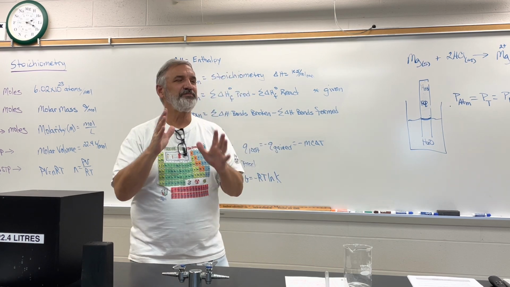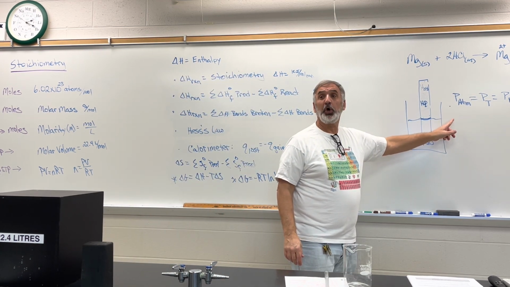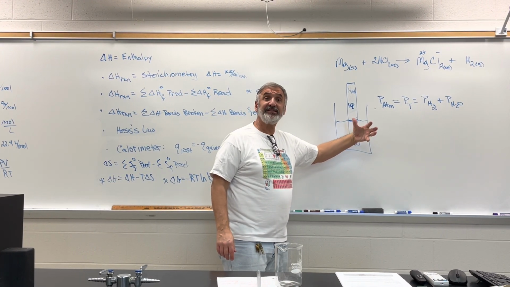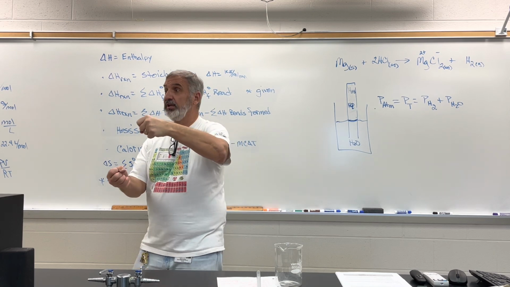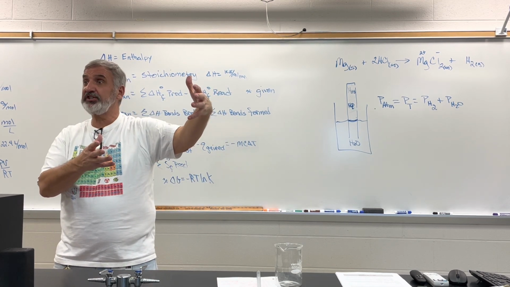All right, so Dalton's law of partial pressures. The total pressure is the sum of the individual pressures. The part of each gas is the mole fraction. The percentage, again, it's 78% nitrogen, so 78% of the pressure.